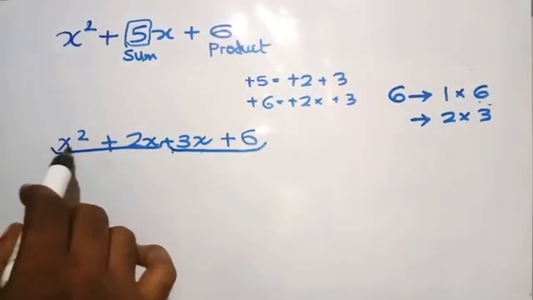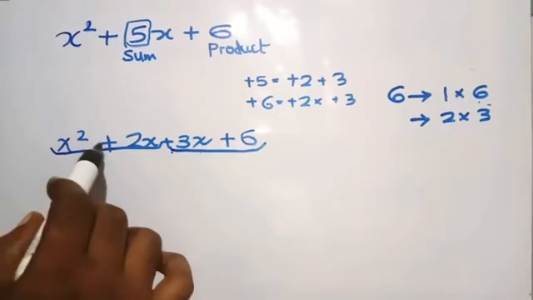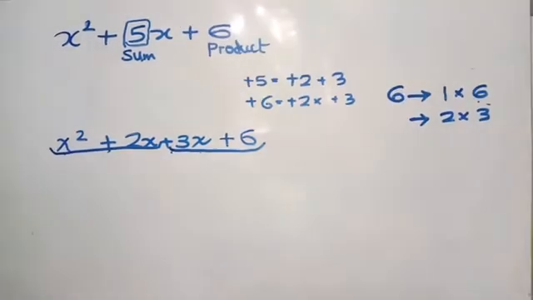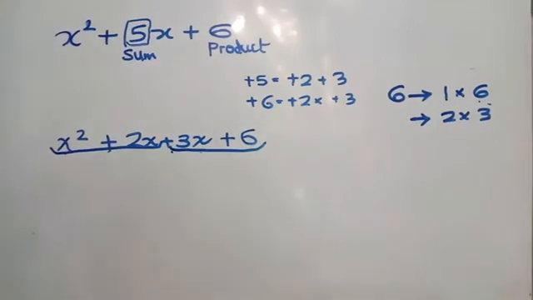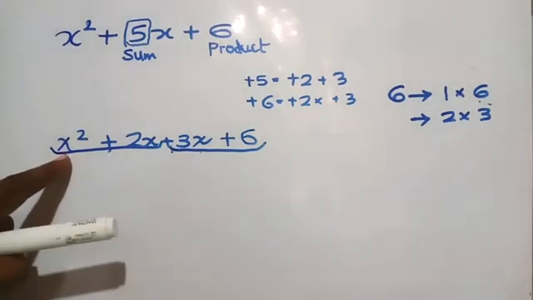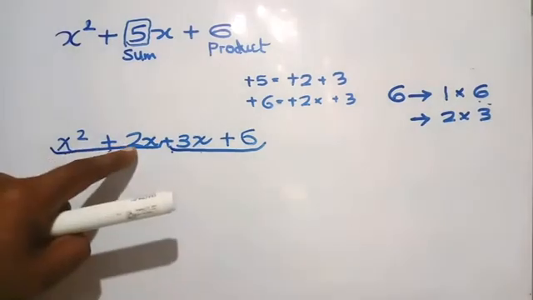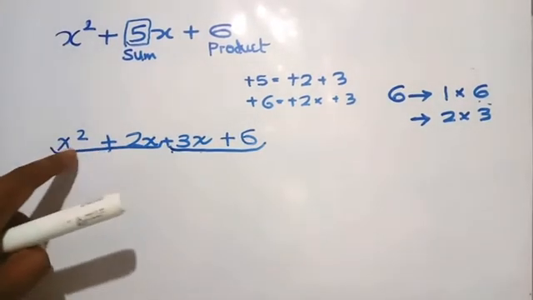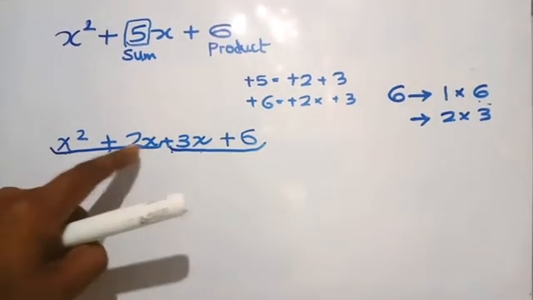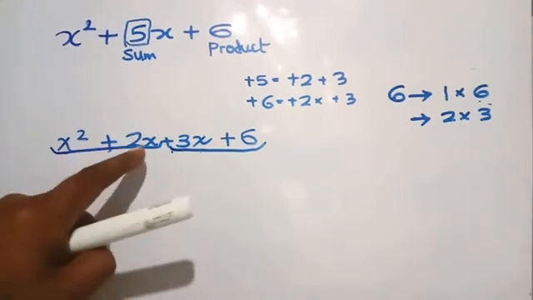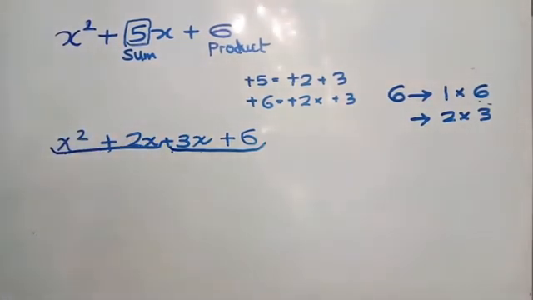Now let's see the first group, x squared plus 2x. Do you find anything common in both of those terms, any common factor in these two? Yes, what is common? It is x.